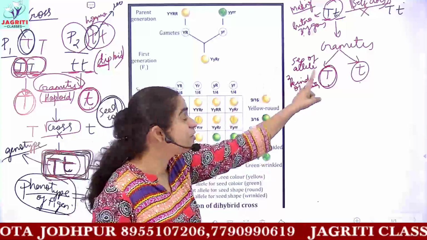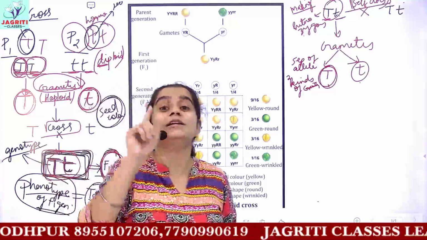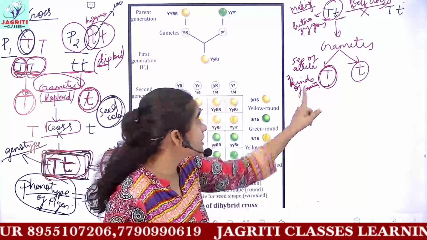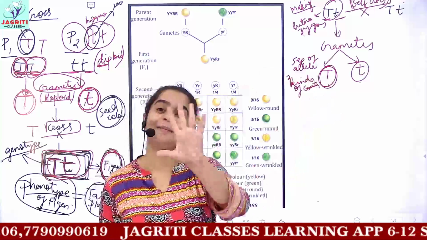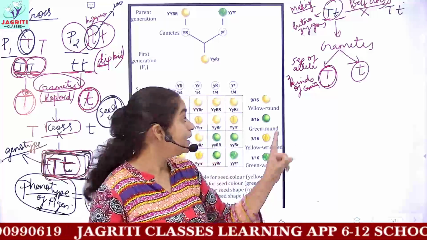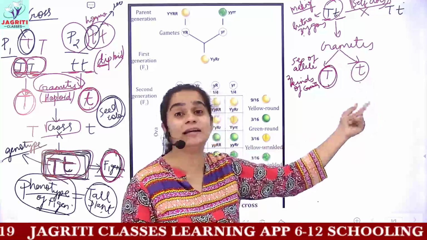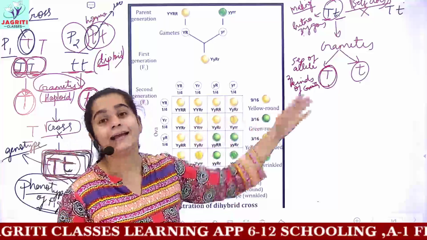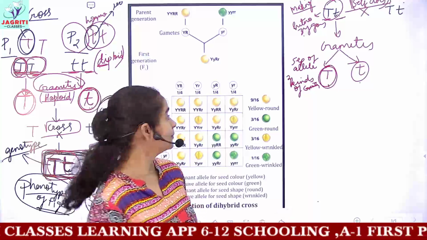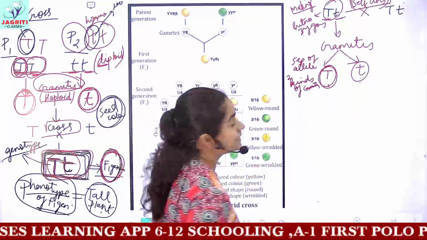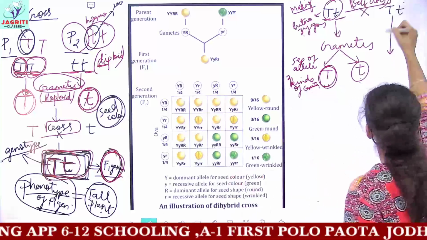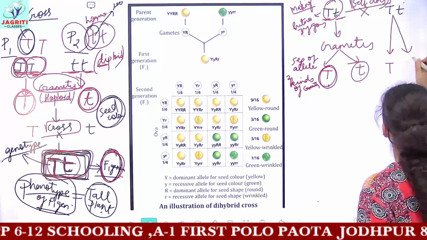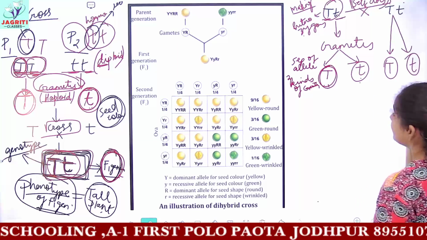I am again reminding you, I am not saying how many gametes would be formed. This does not signify that two gametes are forming. No, two types of gametes are forming. If you still have doubt, you can go back and recap. So two kinds of gametes, capital T and small t, form. Similarly, from here also you have the formation of two kinds of gametes, capital T and small t.